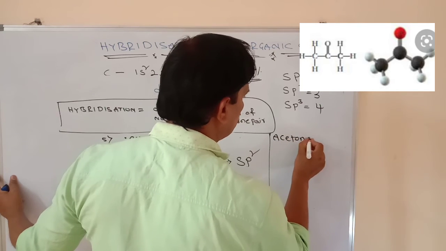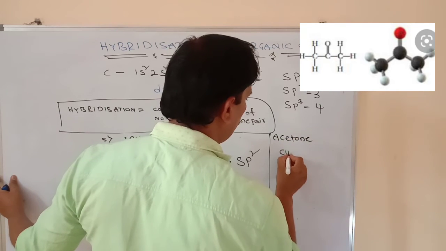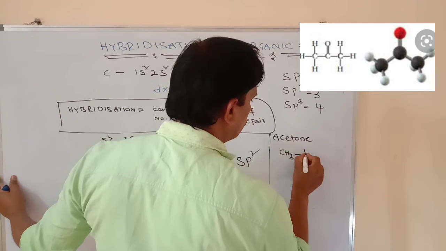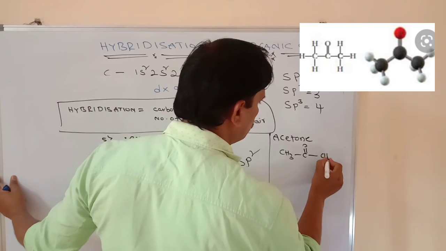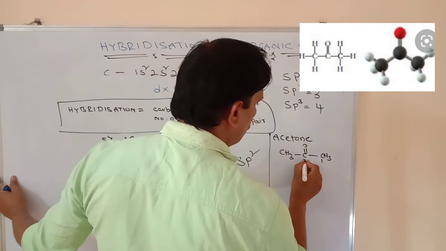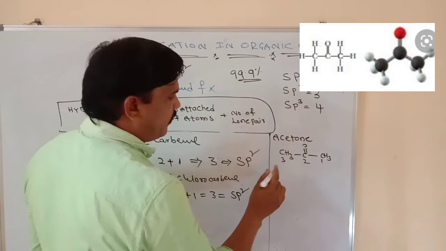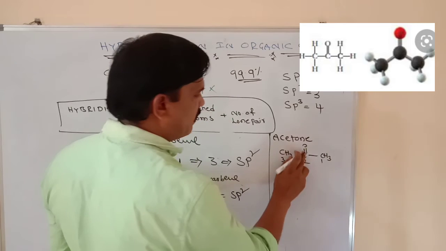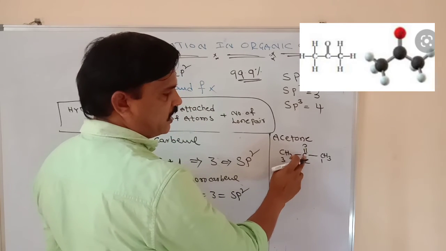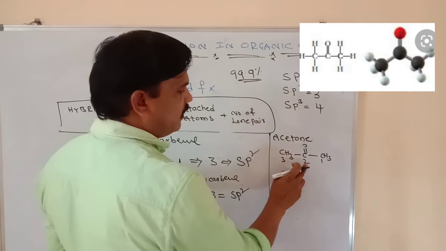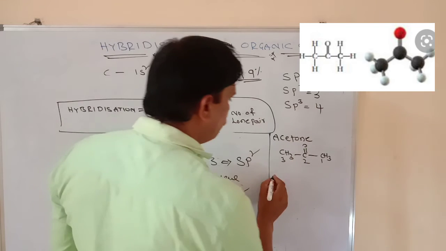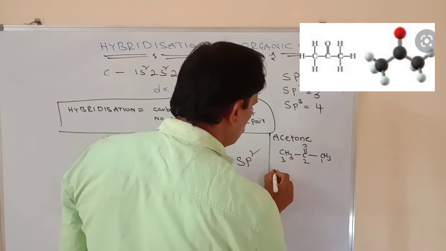Acetone has the molecular formula CH3, C double bond O, CH3. I want to give numbering 1, 2, 3. They may ask the second carbon hybridization in acetone; the second carbon is the C double bond O carbon. First I want to calculate the first carbon.